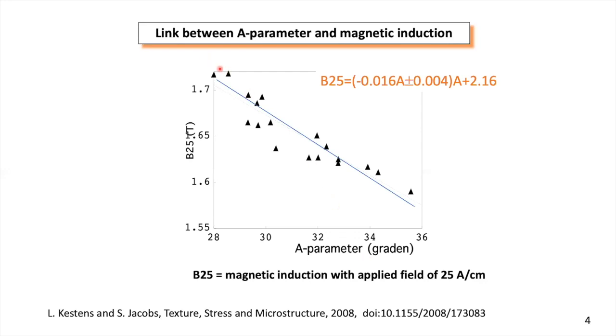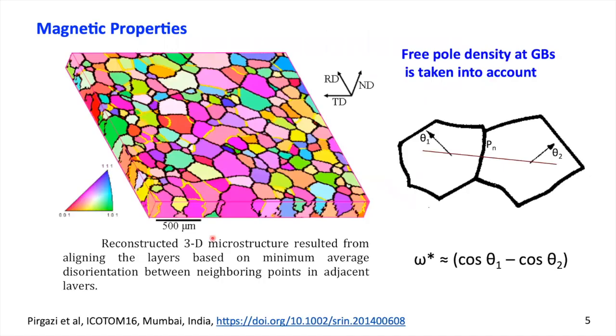And you see that there is a very clear correspondence. So the lower the A parameter, the higher the magnetic induction, the higher the permeability. So for electrical steels, for example, until today, the industry tries to control the texture so as to obtain steel sheets with lower and lower A parameters.